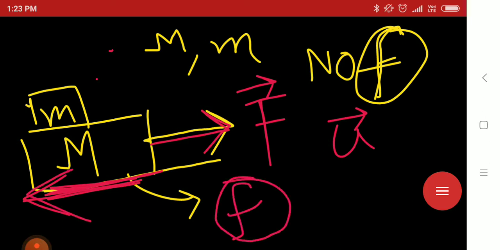So that's why capital M mass is moving slowly.